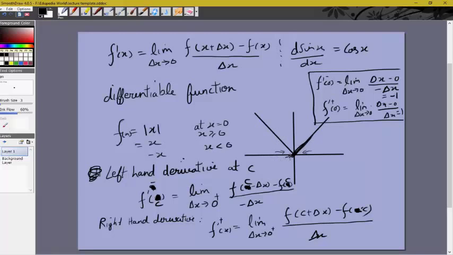So the left hand derivative at the point x is equal to 0 is minus 1, but the right hand derivative is 1. Therefore the limit does not exist. Right? So we will say that f of x is equal to mod x is not differentiable at x is equal to 0.